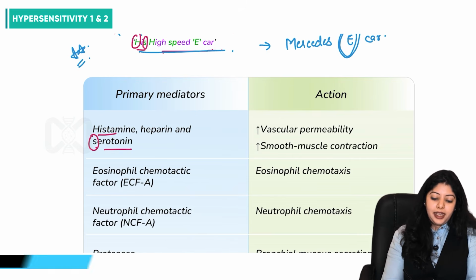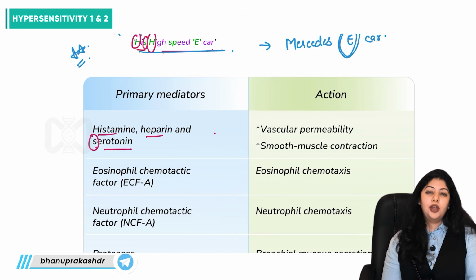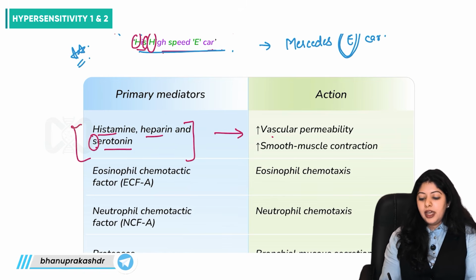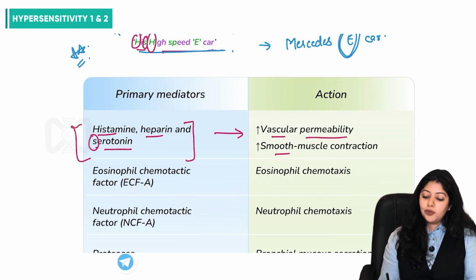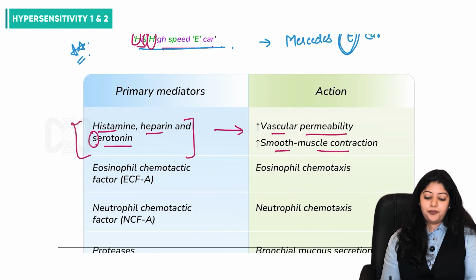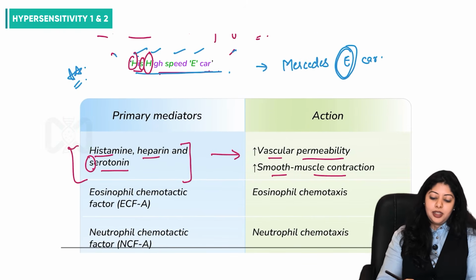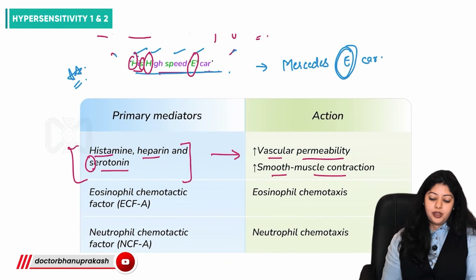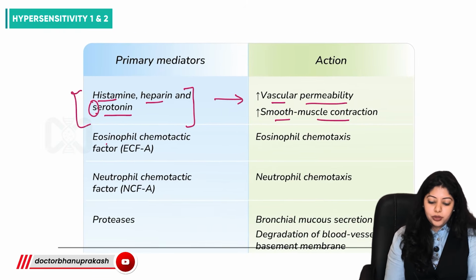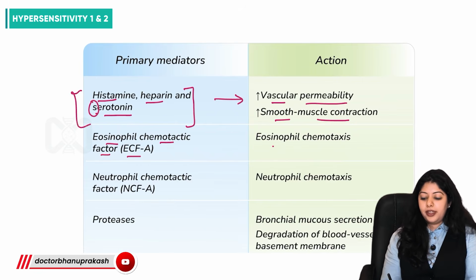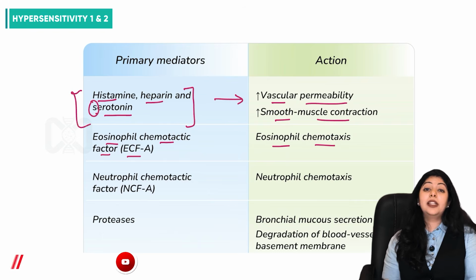And then again H, we have the heparin. The primary action of these three mediators is increasing vascular permeability as well as increasing smooth muscle contraction. Then comes E, which stands for eosinophil chemotactic factor, and its role is eosinophil chemotaxis.